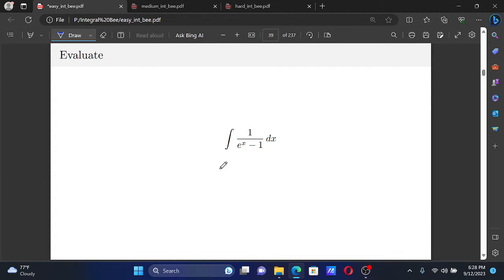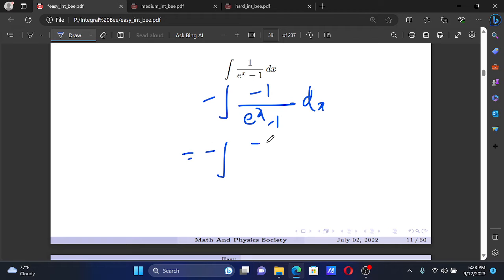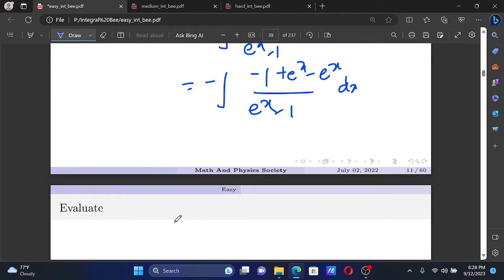Now for this one we can have minus of minus 1 by e to the power x minus 1 dx. After that we can add and subtract e to the power x, and then we have negative of 1 minus e to the power x by e to the power x minus 1 dx. Is it? Yes, it is.